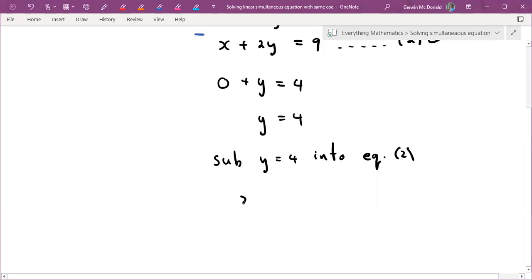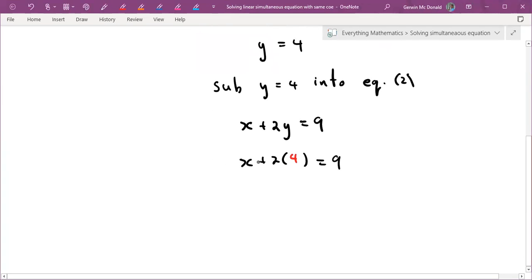Equation 2 was x plus 2y is equal to 9. That's my equation 2 there. But now I know that y is 4. So that will be x plus 2, and instead of y inside there, now I will put 4, right? And that will be equal to 9.